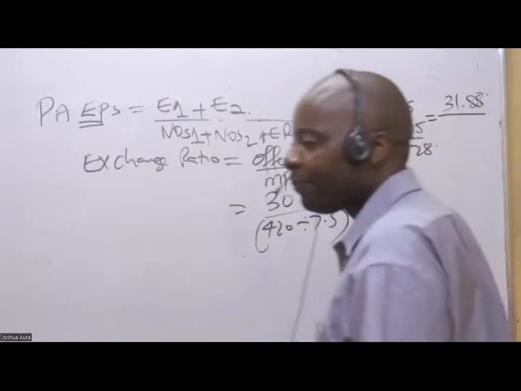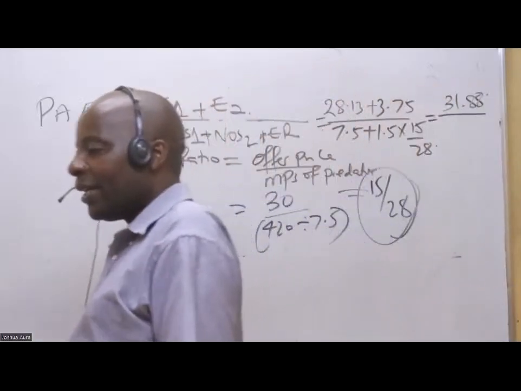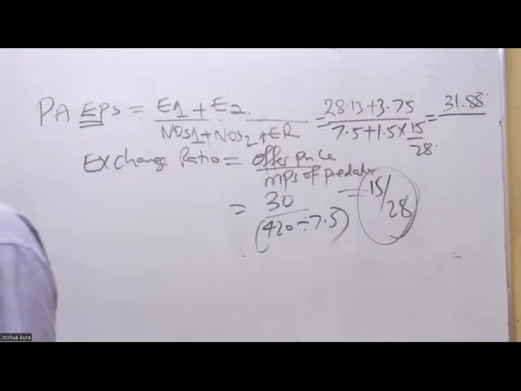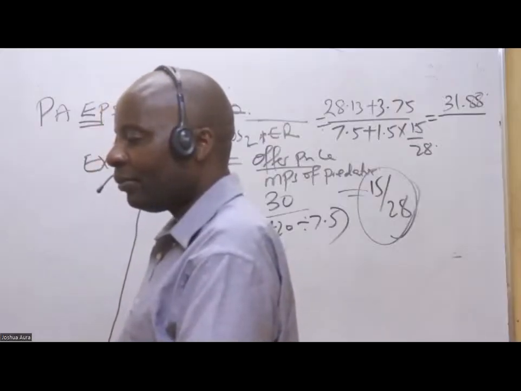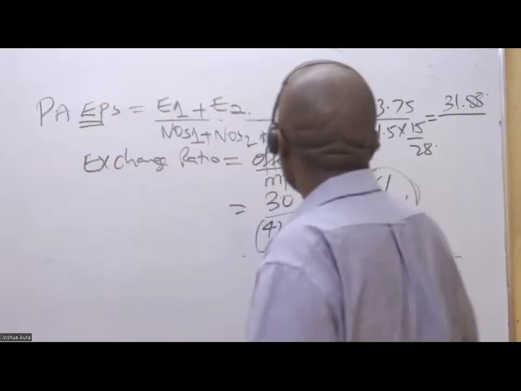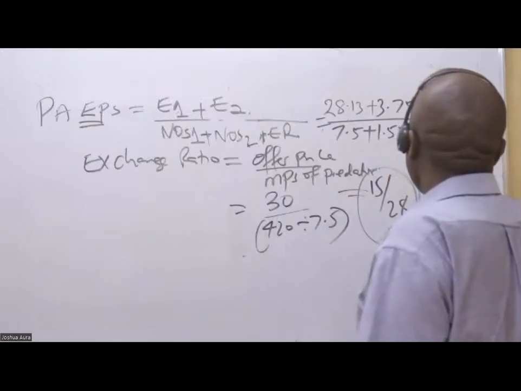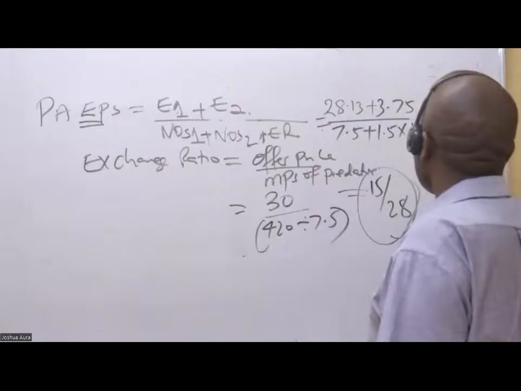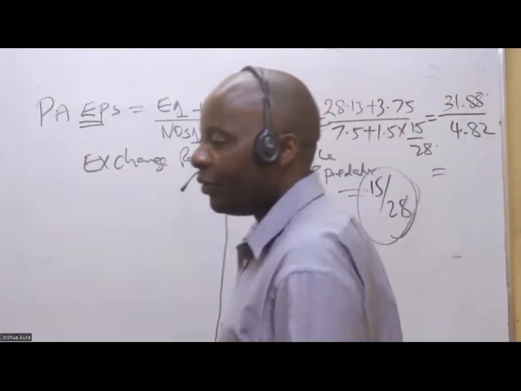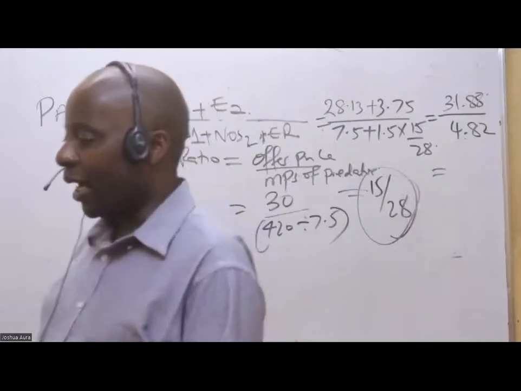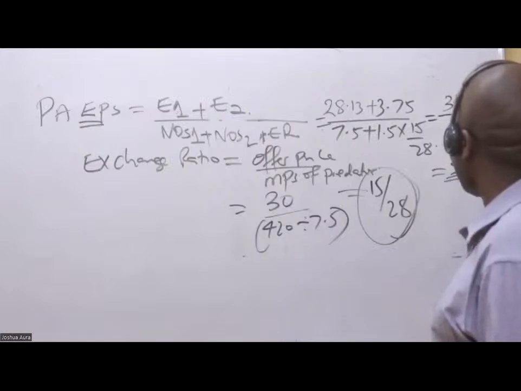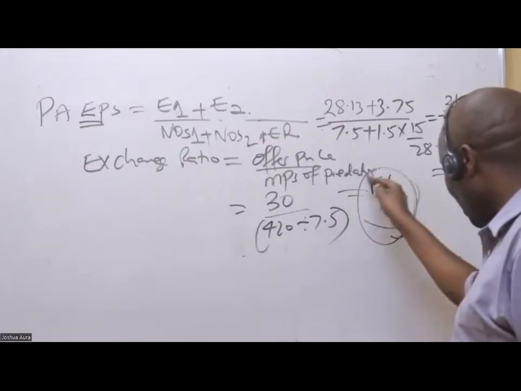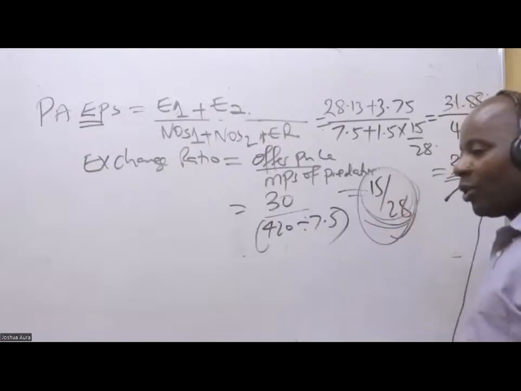What are we getting there? $4.82. Thank you so much. So could you come here and divide the two? What are we getting here? 3.84. Although inside my heart I'm so sure that there is somebody who has not gotten this figure.